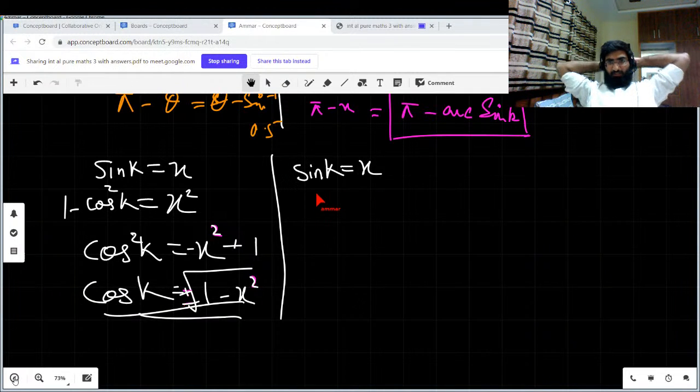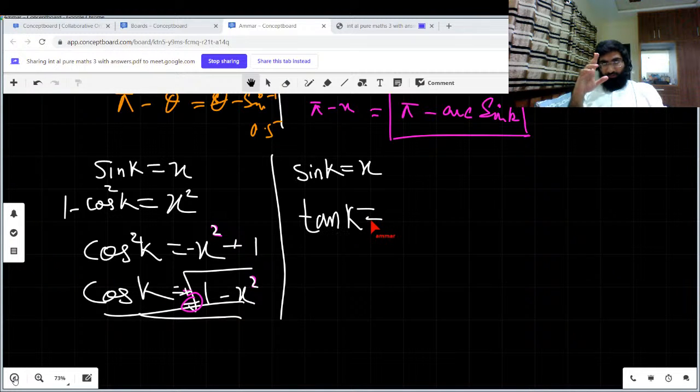So over here, what I'm going to do right now, at this point in time: since we are going for between 0 and pi by 2, the minus one will be ignored in the solution, so of course only the positive one.